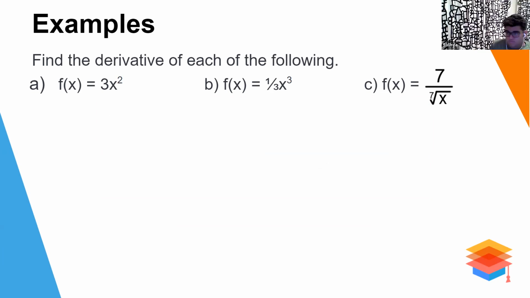What will be this? This will be 1 by 7 x raised to minus 6 by 7?